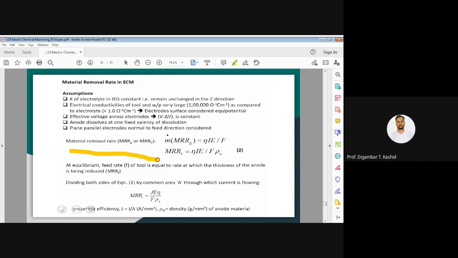The anode dissolves at one fixed valence of dissolution. Using that simplification you get the formula like this. For more details, you can refer to the book.